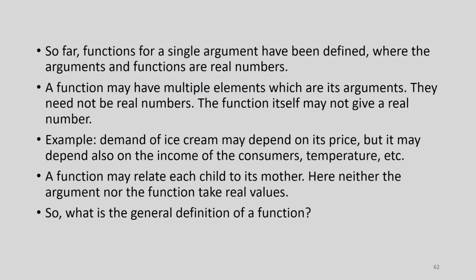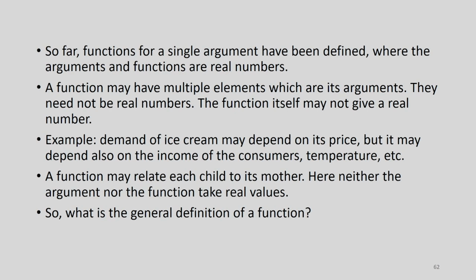Okay, so far functions for a single argument have been defined, where the arguments and the functions are real numbers. A function may have multiple elements which are its arguments, and they need not be real numbers. The function itself may not give a real number. So, there could be variations from the original example of a function that we have been talking about.